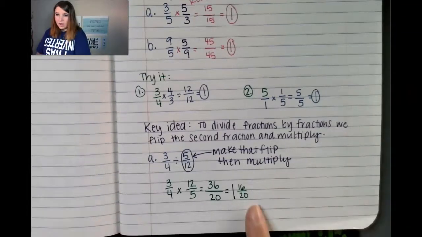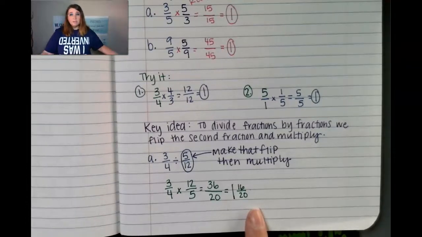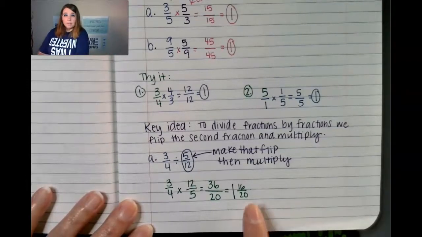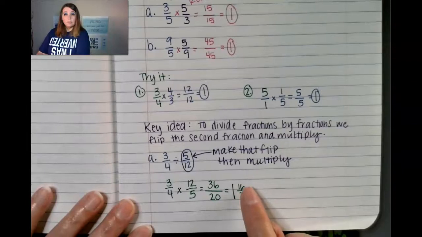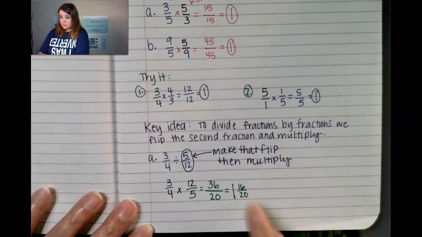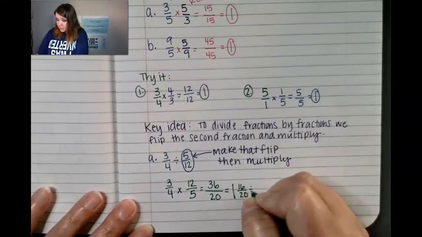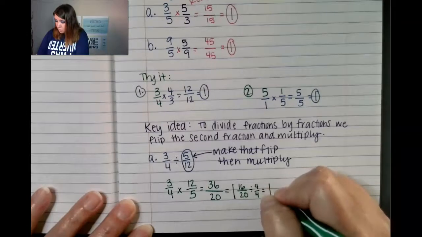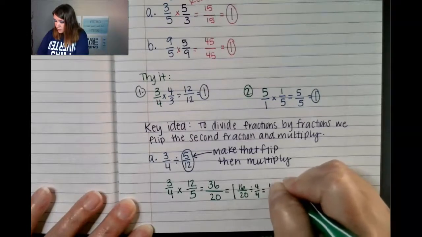And I know that I could leave it like this because I'm a 6th grader, or I can reduce this down by dividing by 4 because I know that 4 goes into both 16 and 20. So I could just divide this by 4, divide by 4, and this gives me 1 4/5.